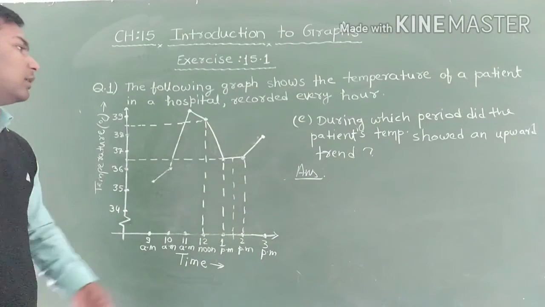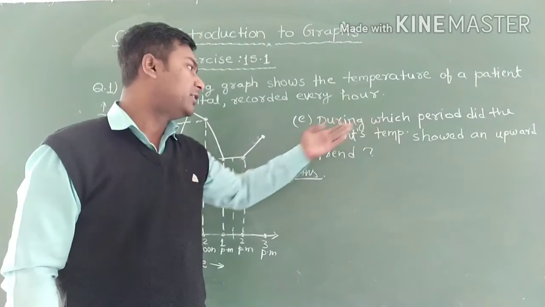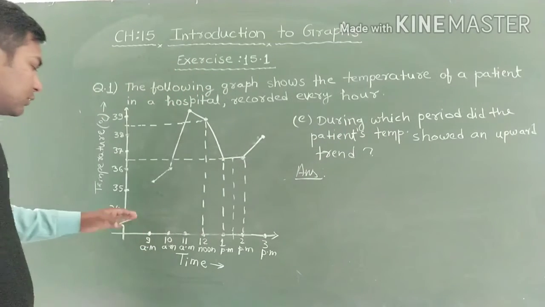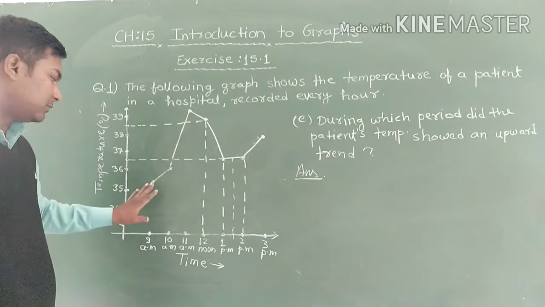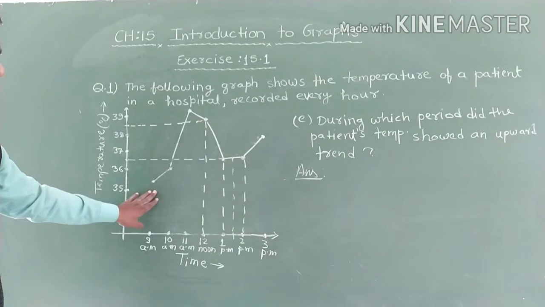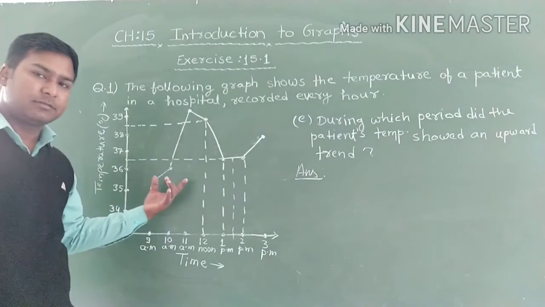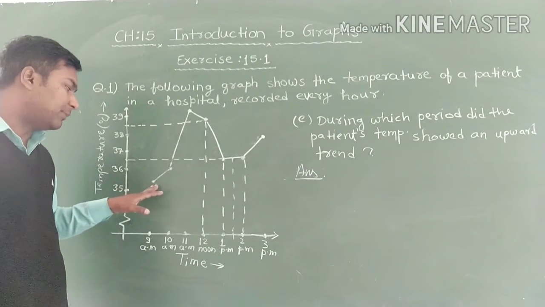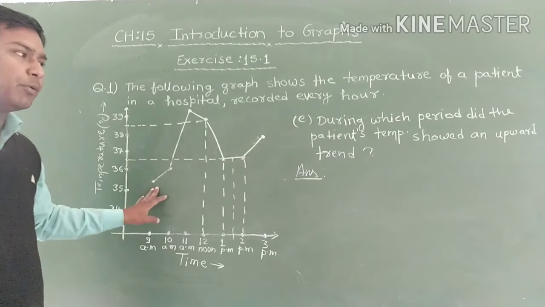So the E part: during which period did the patient's temperature show an upward trend? We have to state at which time period the temperature shows an upward trend.